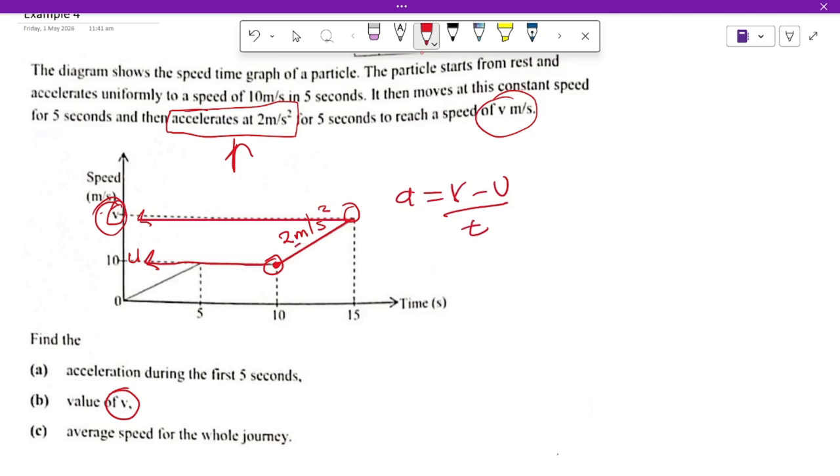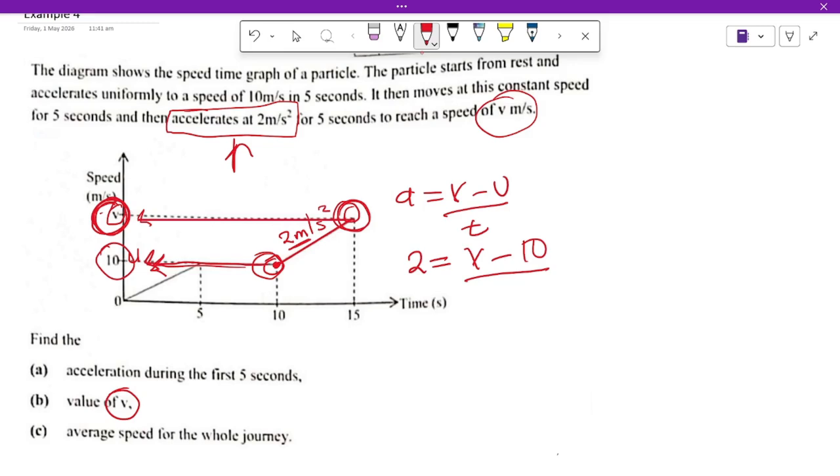Acceleration has already been given as what? 2 meters per second squared. So where there's a, I'll put 2. Where there's v, I don't know this value. Okay, there's just v there. That's what we're trying to find, the final velocity at this point here. We don't know it. The initial, it started from here, so we check this side. What is the value? It is 10. Okay, so our initial is 10 over the time.